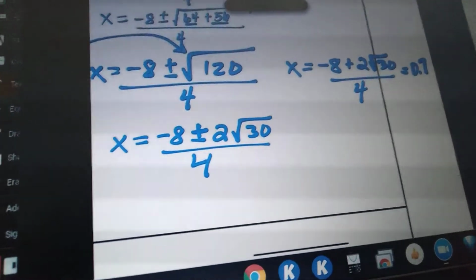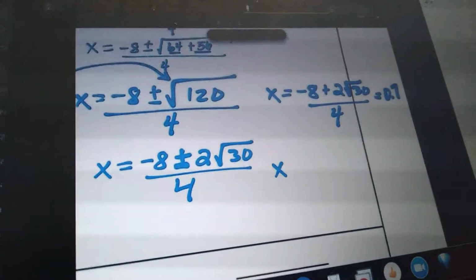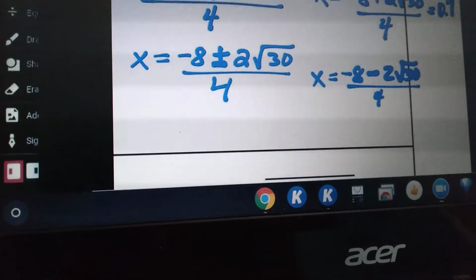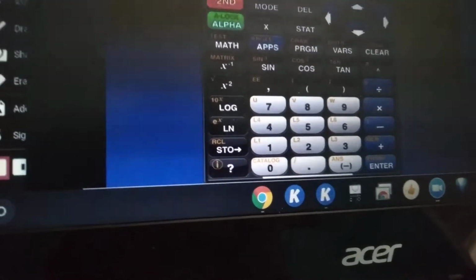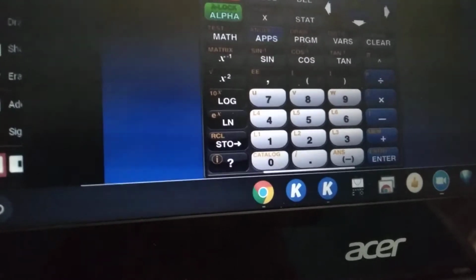Good. Now I'm going to do the minus. So x is equal to negative 8 minus 2 radical 30 all over 4. So I go back to my calculator. Guys, you don't have to retype this formula. Hit the up arrow, hit enter.